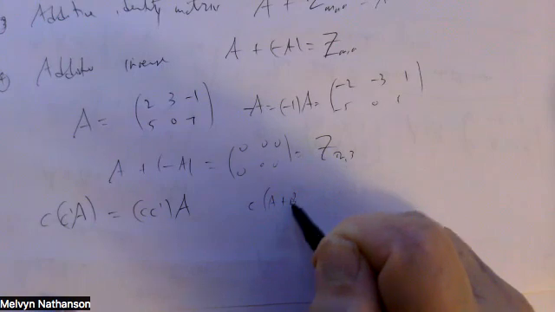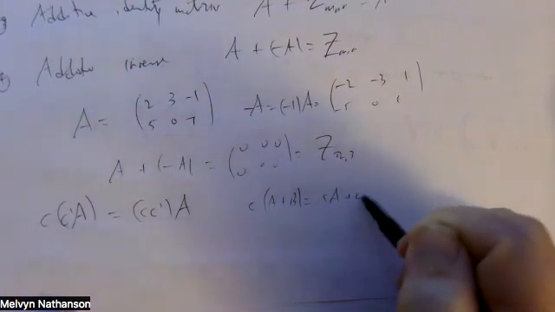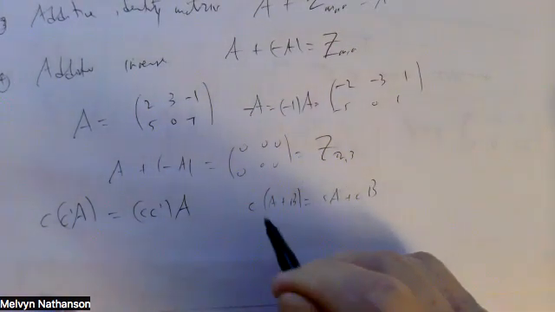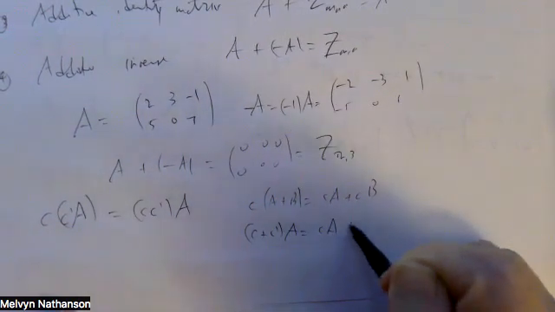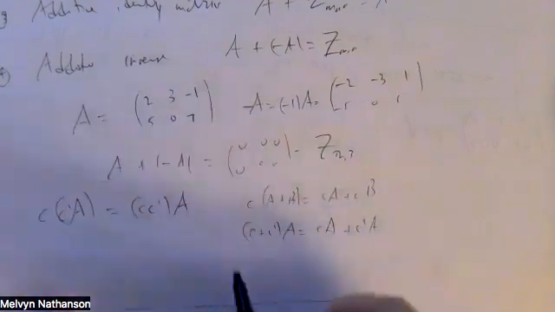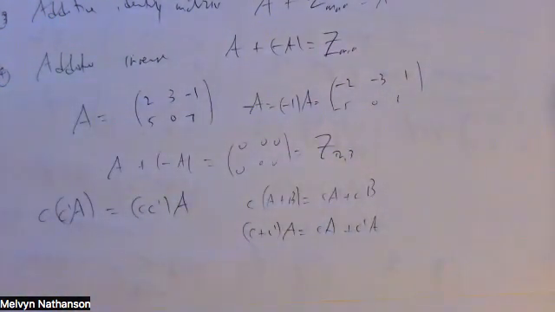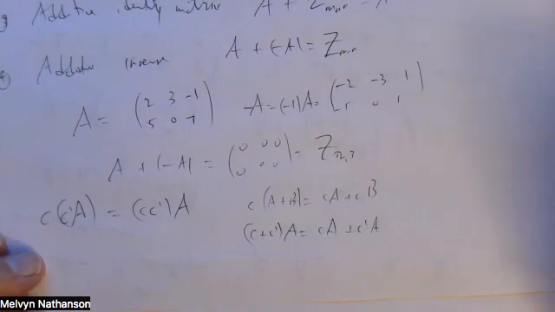C times the sum of two matrices is CA plus CB, and C plus C prime times A is CA plus C prime times A. So because addition of matrices and scalar multiplication of matrices satisfy these properties, it's a vector space. The set of all matrices of a fixed shape is a vector space. That's just interesting to know.